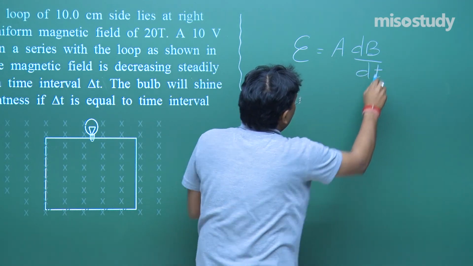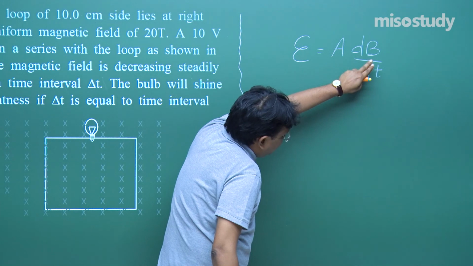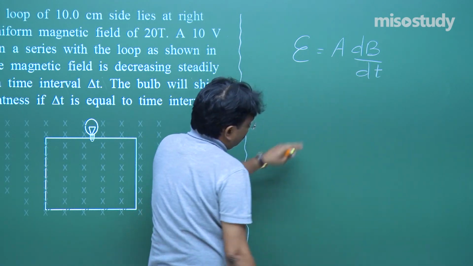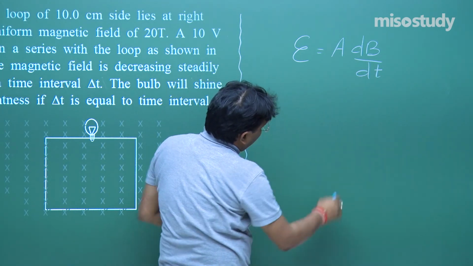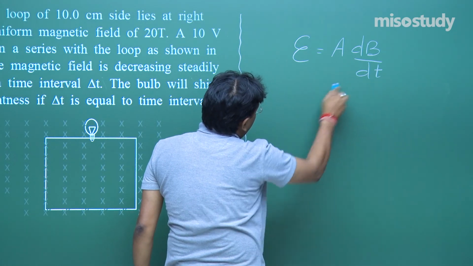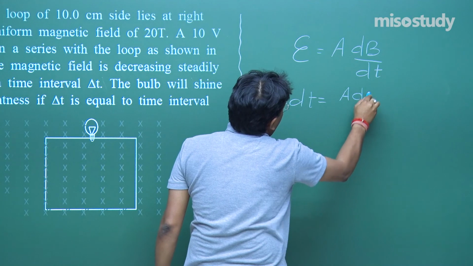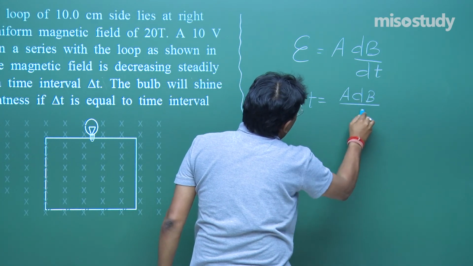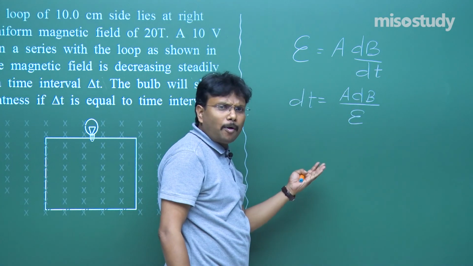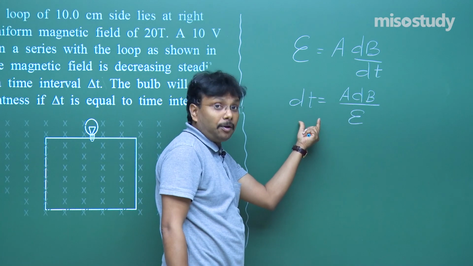Who is changing with respect to time? This B is changing, fine. So, what I can write down is that dt is equal to A dB upon EMF, no problem, simple, you have to find out delta t.